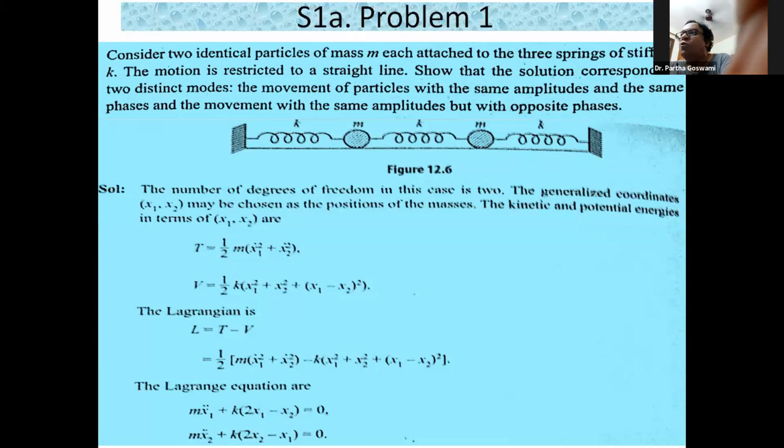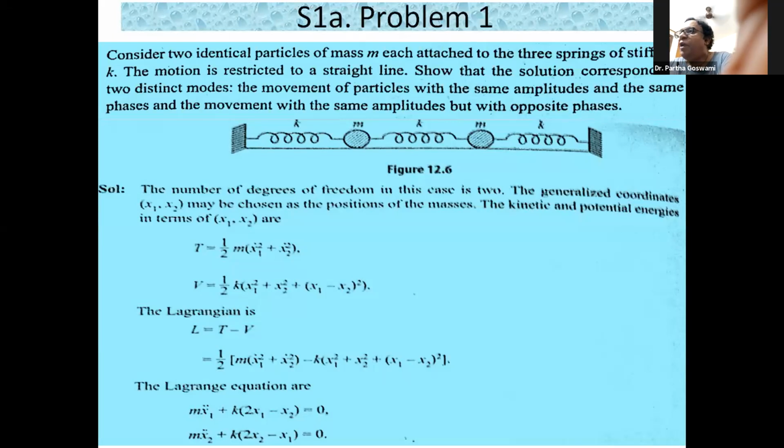Now I go to the second slide, which is S1B. With those two equations which I have obtained just now, they are added and subtracted.